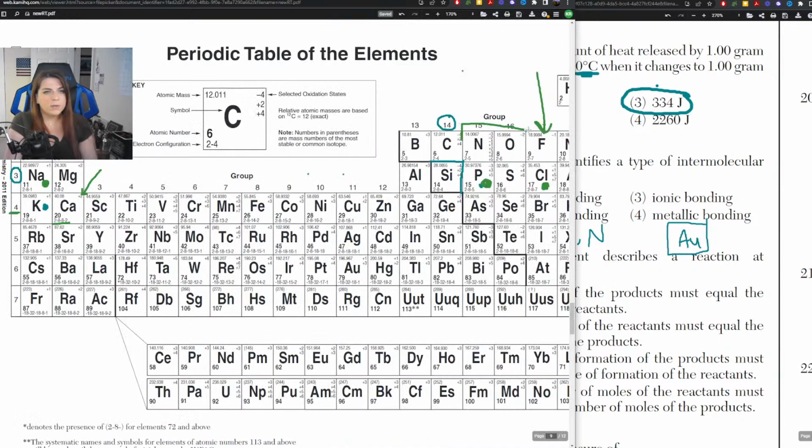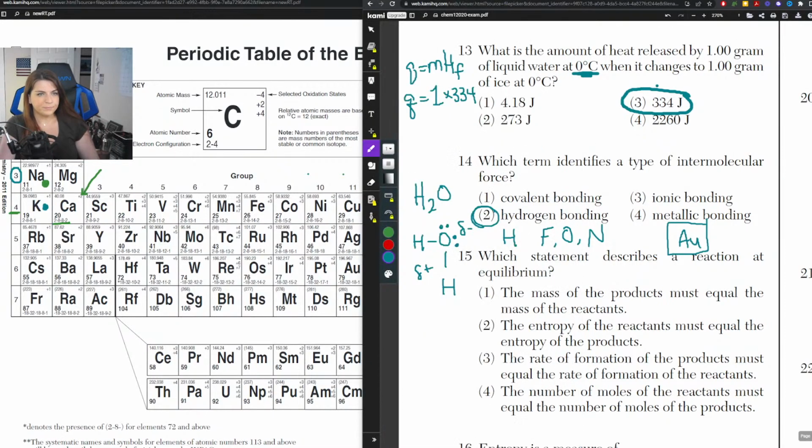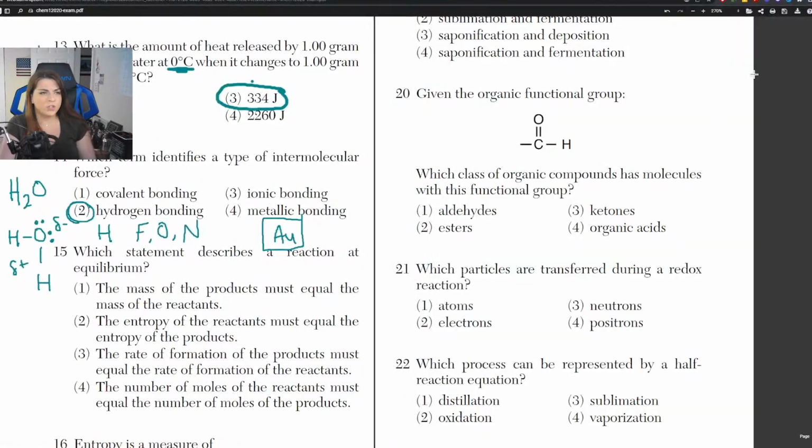These are your hydrogen bonding elements, N-U-F or F-O-N. That is because they have a high electronegativity compared to their radius. So that is why they participate in hydrogen bonding. There's certainly a video on that on this channel if you need help beyond what I just explained.